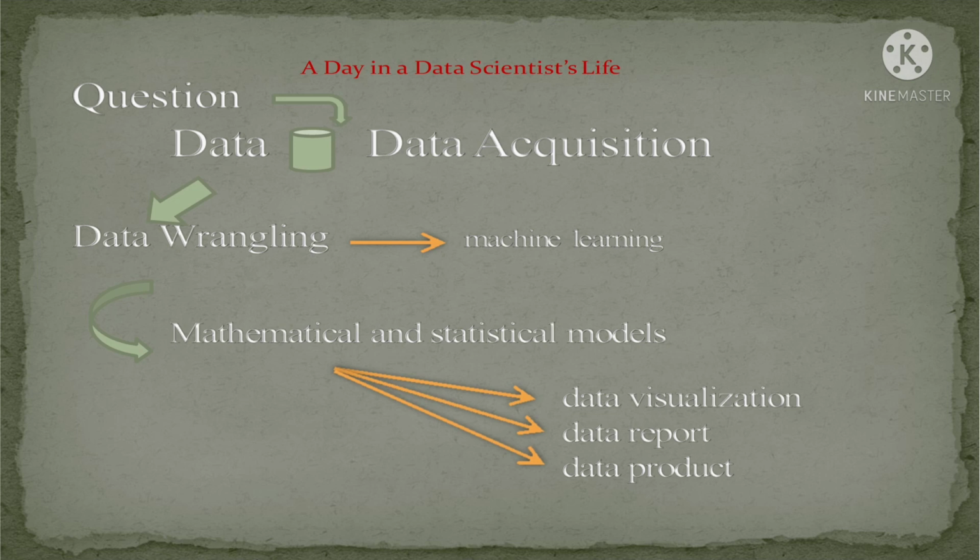After that, the exploratory data analysis, EDA technique, will start. In this process we have to design the models and the patterns for the received data. This is related to machine learning. After that, with the mathematical and statistical methods, we have to decide which methods and models we have to use, and we have to extract the information.